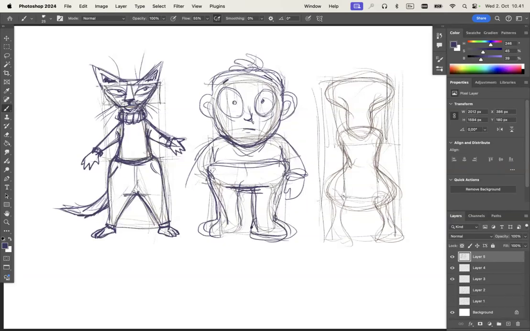Sure, if it's a child, then it has also fairly small feet. But if it's a grown up, then it shouldn't have small feet.